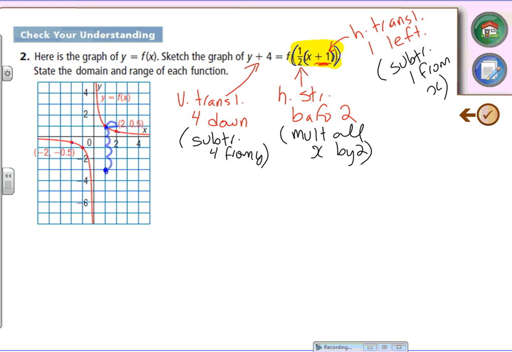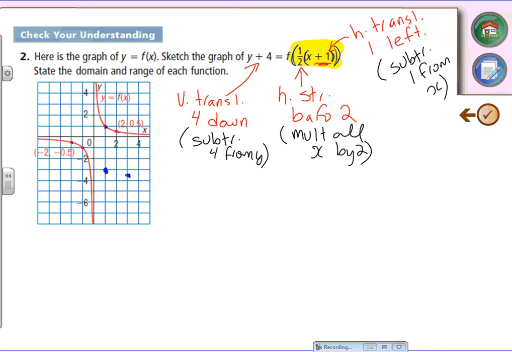And we've got that one right there. Let's do the next point. Same thing. It's at 2. Multiply the x by 2 takes me to 4. Subtract 1 on the x takes me back to 3. Then go down 4. 1, 2, 3, 4. And we're right in the middle between them.